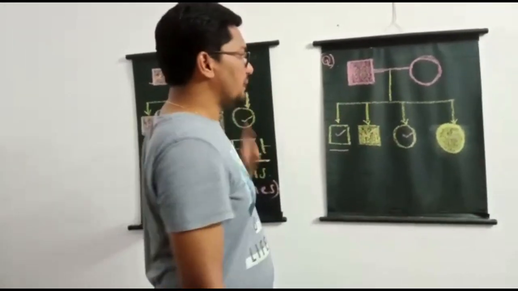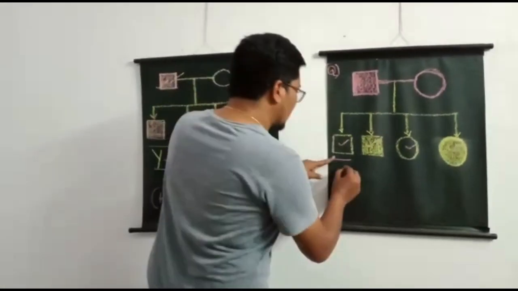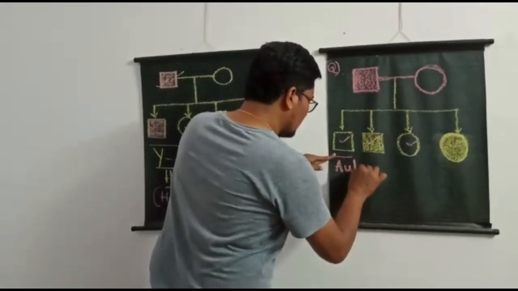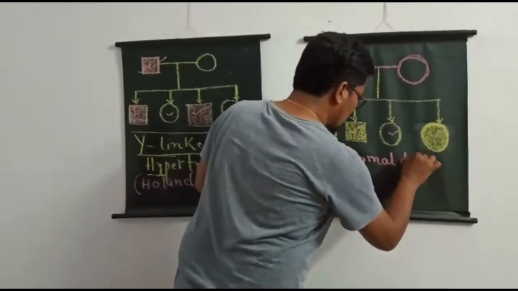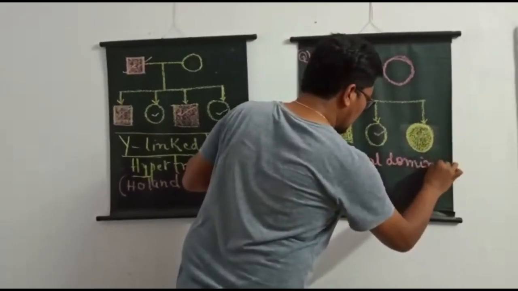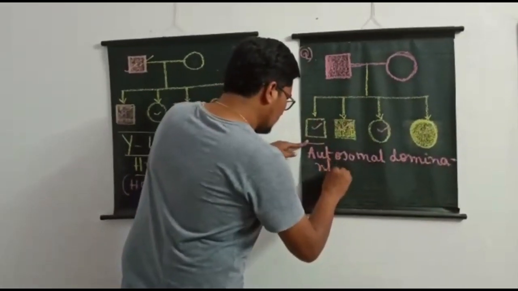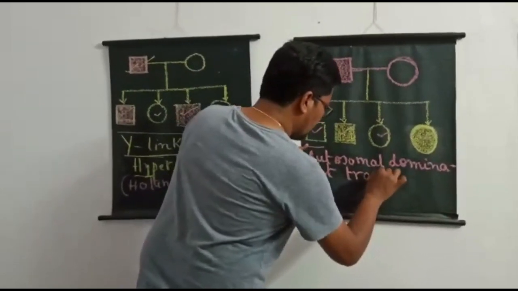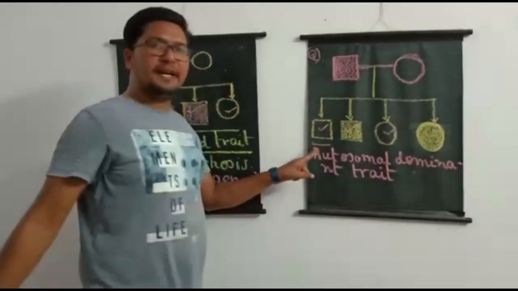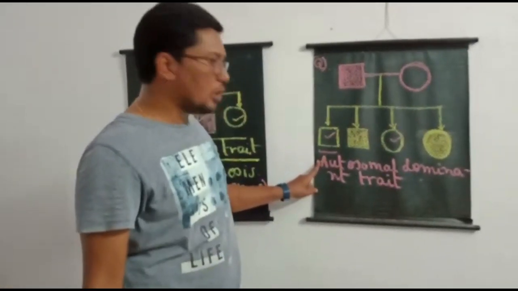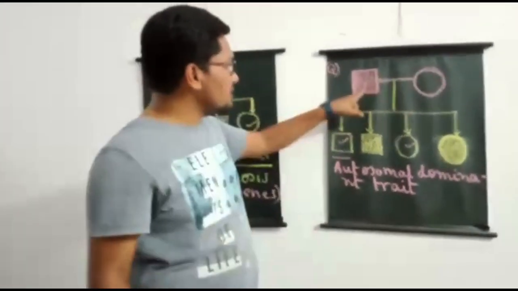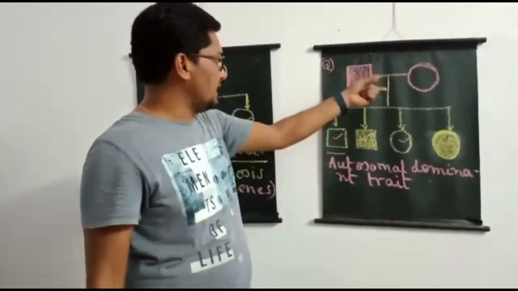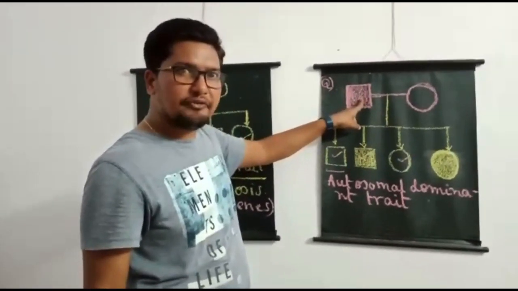And these kinds of pedigree charts mostly explain the inheritance of autosomal dominant trait. So simply students should remember, out of the 2 parents, when 1 parent is shown affected, here I have shown the male parent is affected.